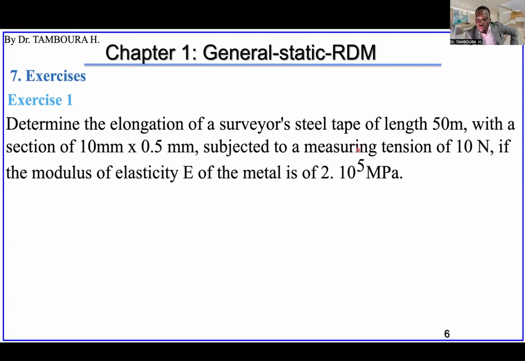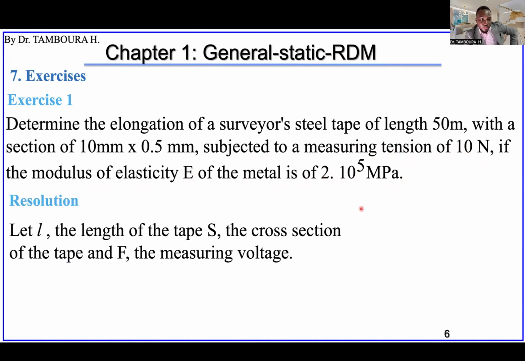It is subjected to a tension force of 10 Newton, and the modulus of elasticity is 2.5 megapascal. So here is the summary of the exercise.